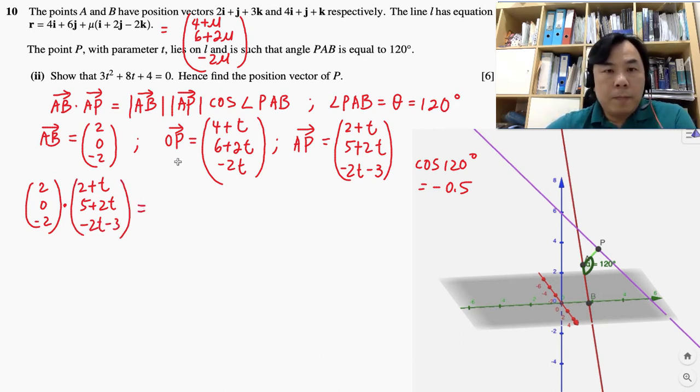And then the magnitude of AB, which in this case is basically the square root of 2 squared plus 0 squared plus 2 squared.